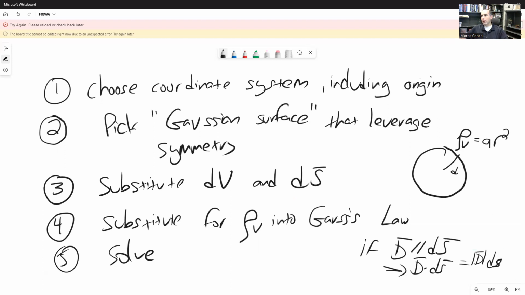The truth is, though, that in reality, Gauss's law in this integral form is pretty useless. I'm introducing it here so you can understand the concept of what Gauss's law means and how it relates sources to electric flux lines.